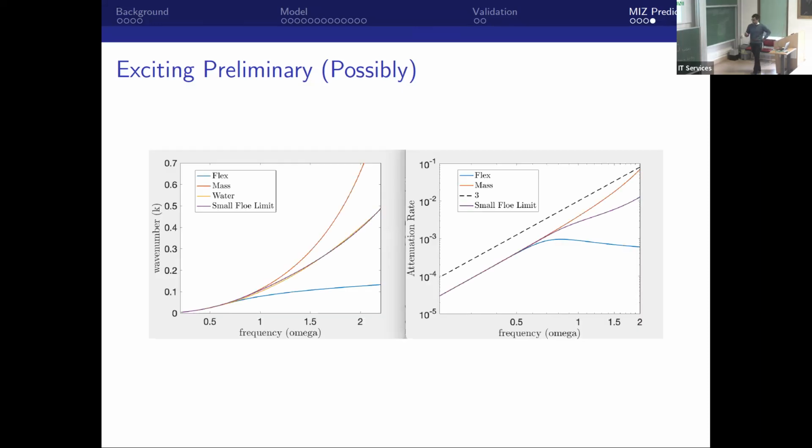So if you plot your dispersion relationship, your frequency and your wave number, we have our mass loaded. The colors are terrible, sorry. We have our mass loaded up the top. In yellow is the water dispersion relationship, and then blue is flexural. Our purple, which you can barely see, is this homogenized limit of these small chunks of elastic bodies, but they're disconnected.